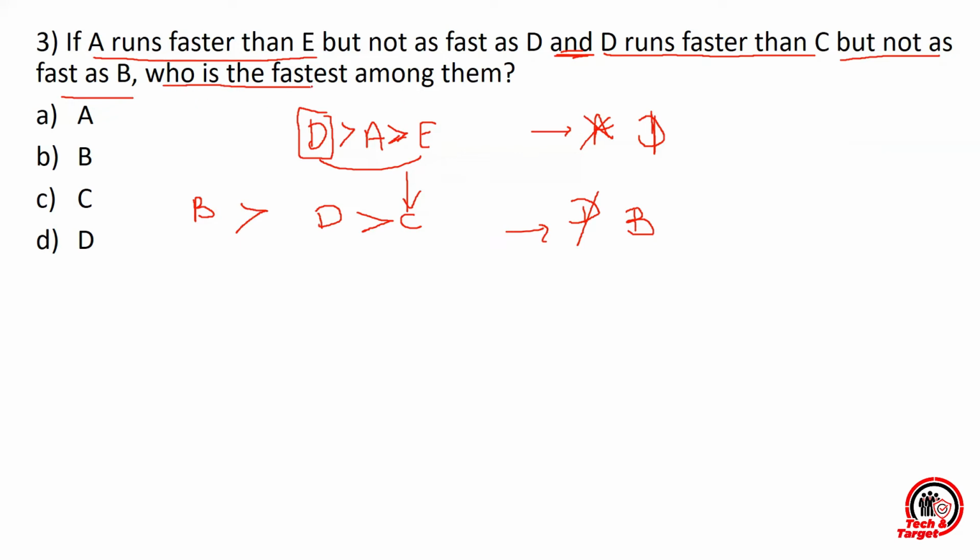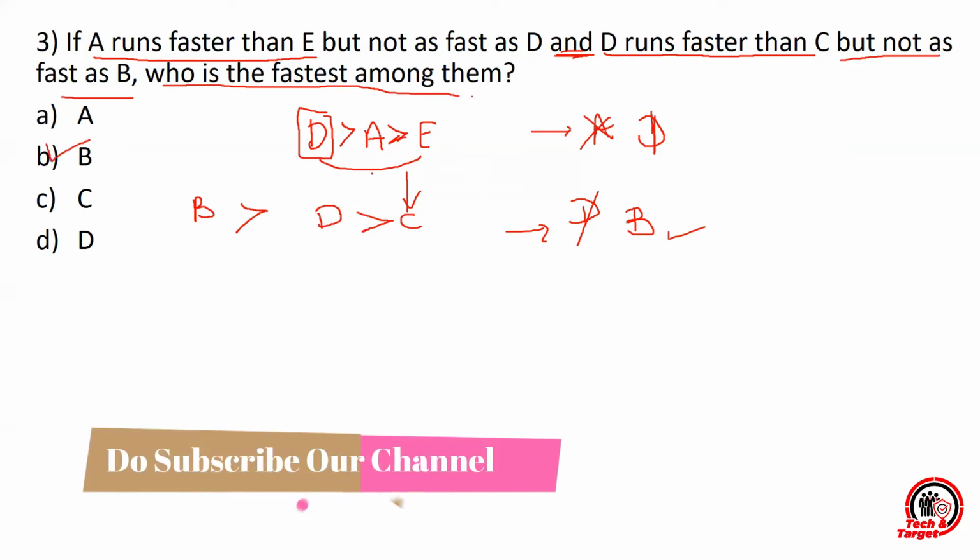That is the question they are asking, who is the fastest among them. So the solution will be B. So option B is the right answer for this question.